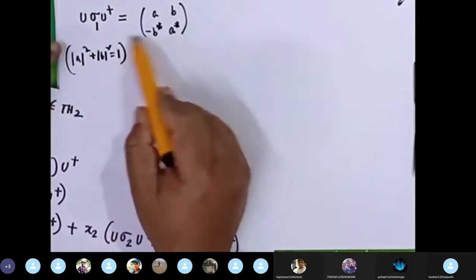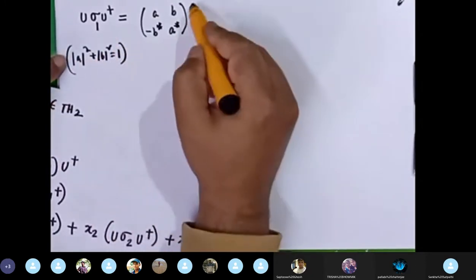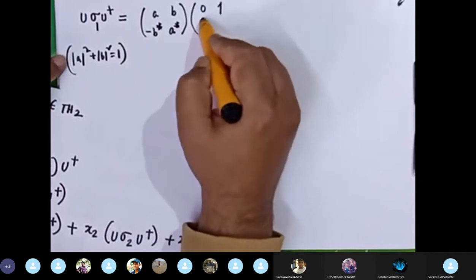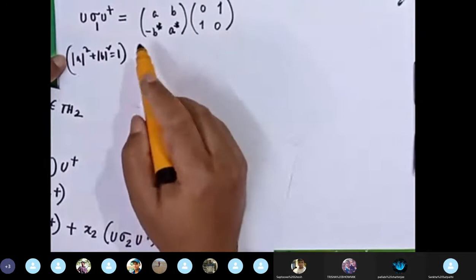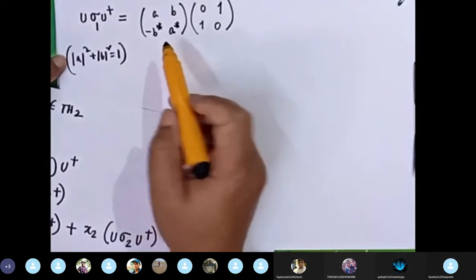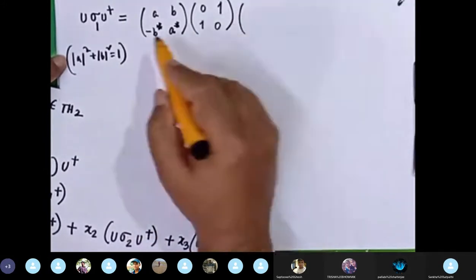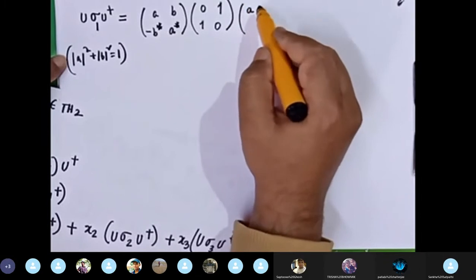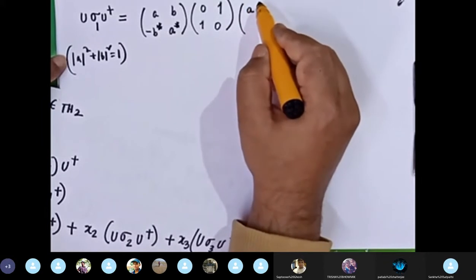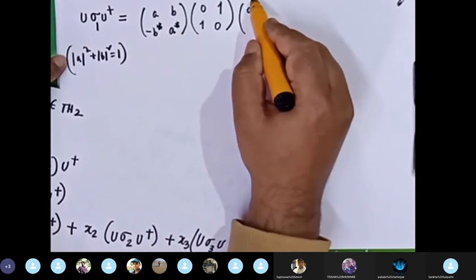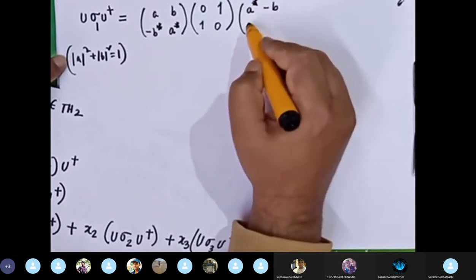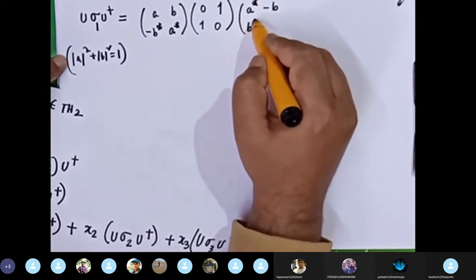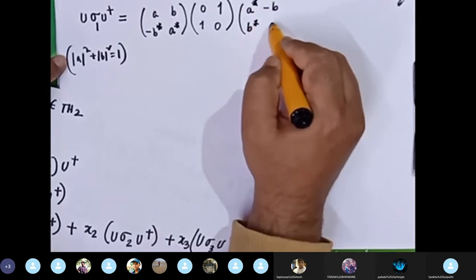Because this is one form of u. Sigma 1 is this, and u dagger is the dagger of this matrix, or inverse, whatever you call it. So the dagger is A star, minus B, transpose and conjugate, B star. Clear?